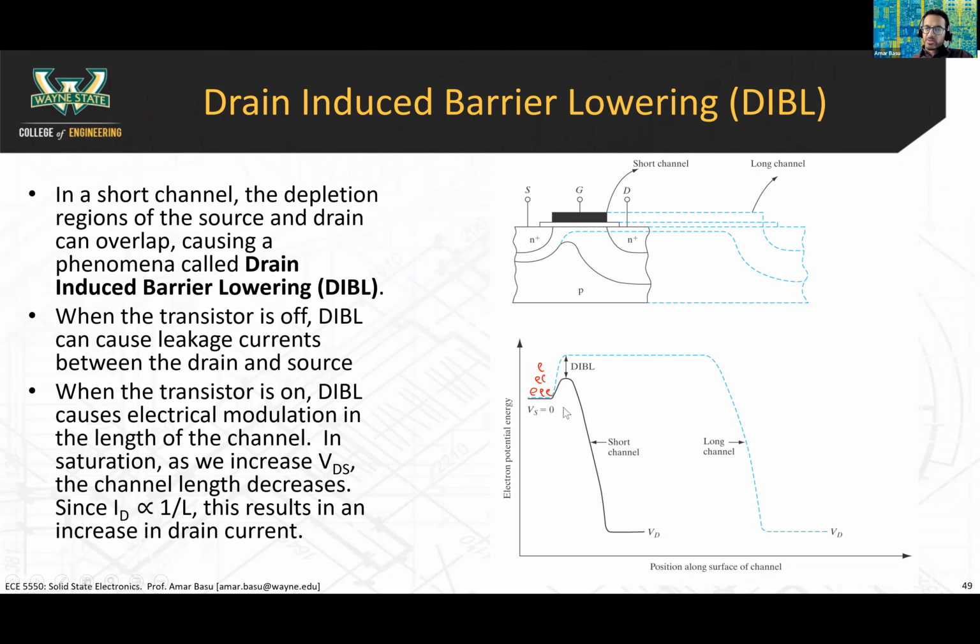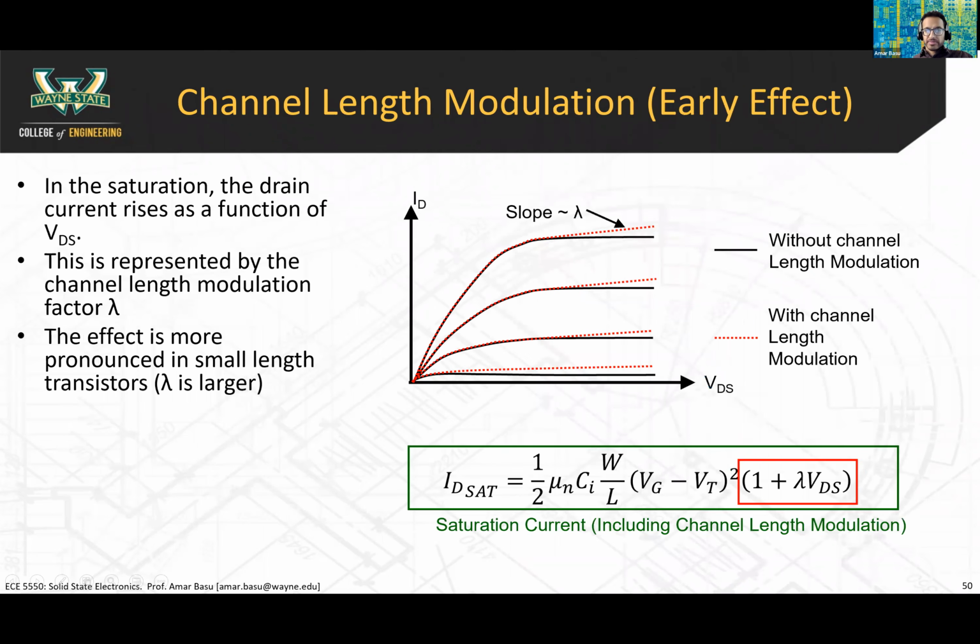And if the transistor is small, you also get this drain induced barrier lowering effect and the expansion of this depletion region here. Those two things together can actually reduce the effective length of the channel. And if you reduce the effective length of the channel, you end up getting more current in the device. And that effect is called the early effect, or the channel length modulation effect.